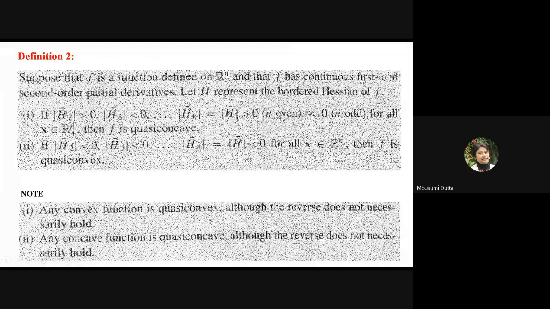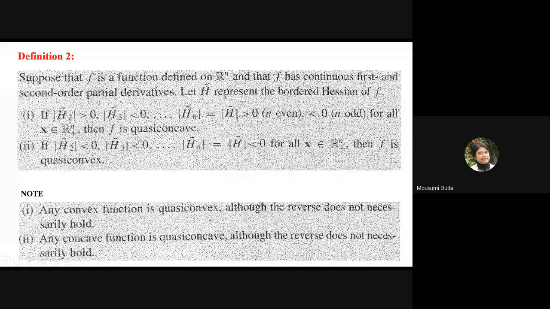If we find that the principal minors of the bordered Hessian determinants alter in sign, starting with positive, then the function is called a quasi-concave function.